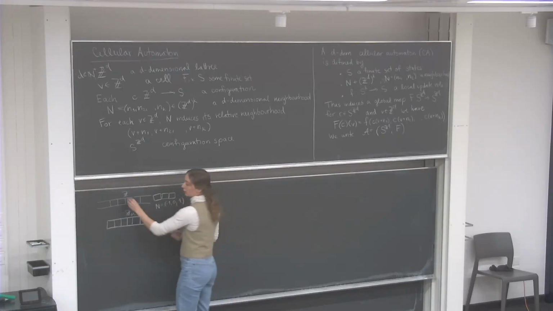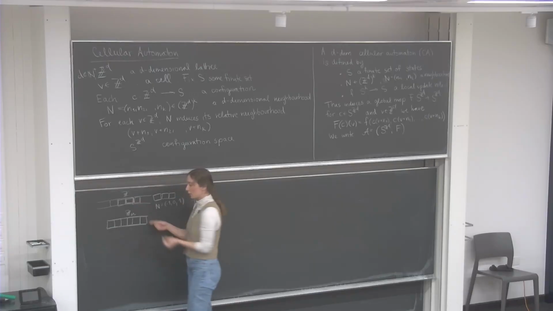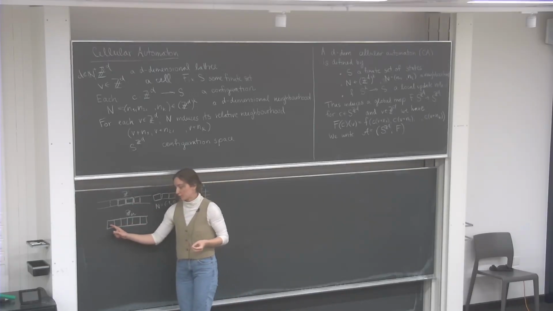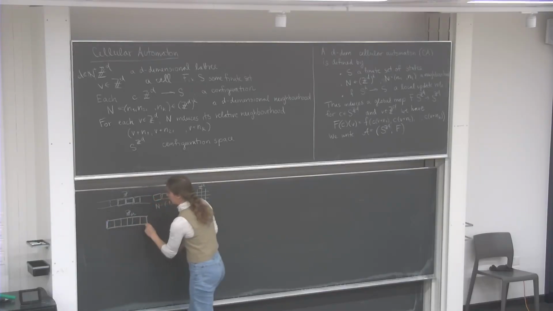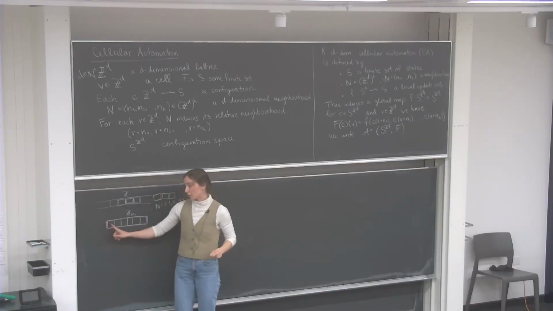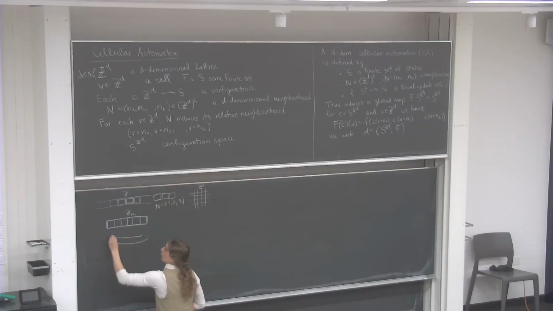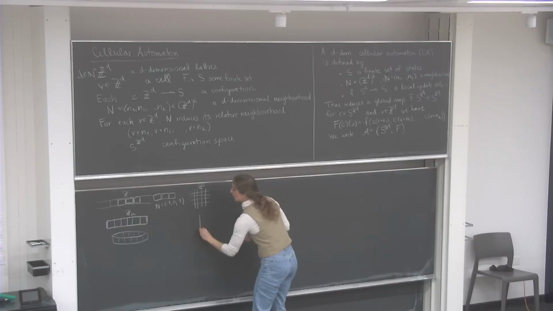So each cell just sees its own state, the state of its left neighbor and the state of its right neighbor. So this cell would not have its left neighbor, so we assume that the left neighbor of this cell is this cell, so essentially we view the grid like this, and in two dimensions it's the same thing.